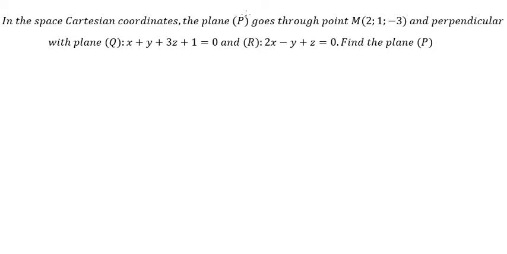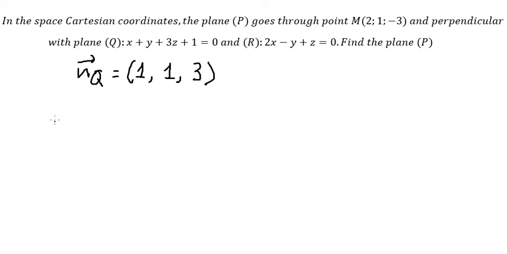We know that plane P is perpendicular to Q and R. So we can use the normal vector of Q. That should be, we have the coefficient of x, that's 1. For y we have 1, so we have 1 in here. And for z, 3 we put in here.